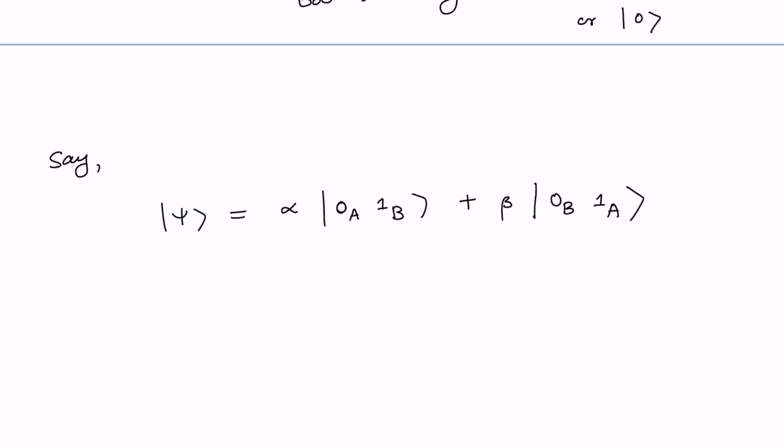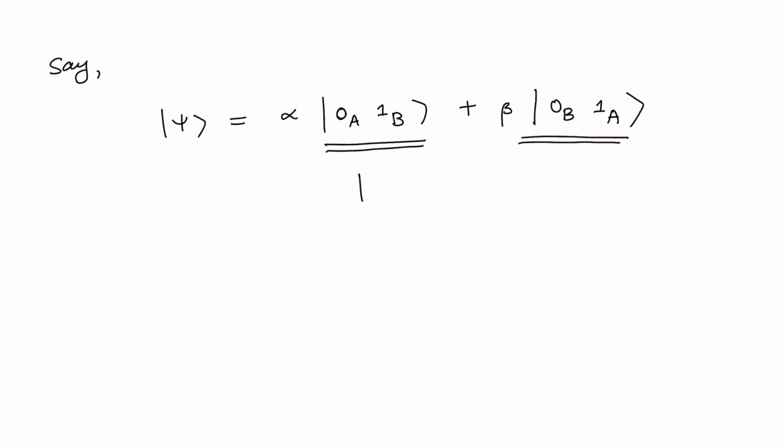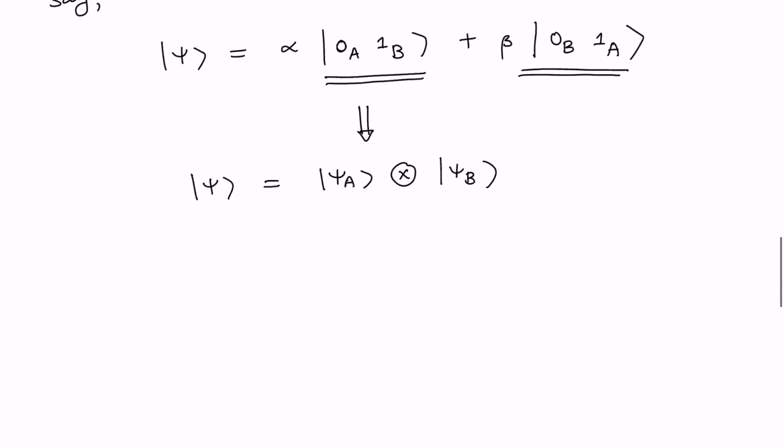In the first term, K0 belongs to system A and K1 belongs to system B, and in the second term K1 belongs to system A and K0 belongs to system B. You can immediately make out that in no way can I write this |psi> as a product state psi_A tensor psi_B, and that's why it is an entangled state.